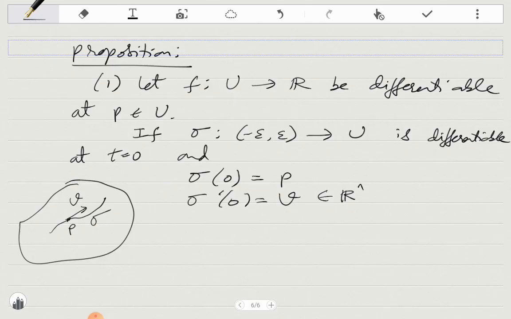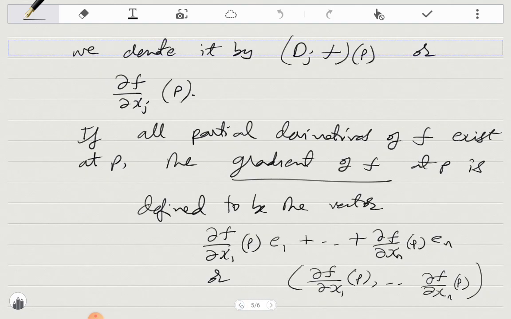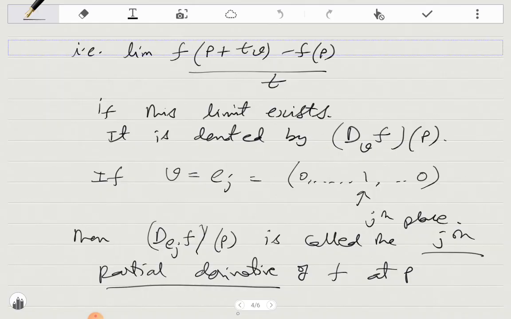So sigma is some such curve. Then the proposition says that, let me just go back a couple of slides. Oh, in the limit, I had to write limit t going to 0 here.